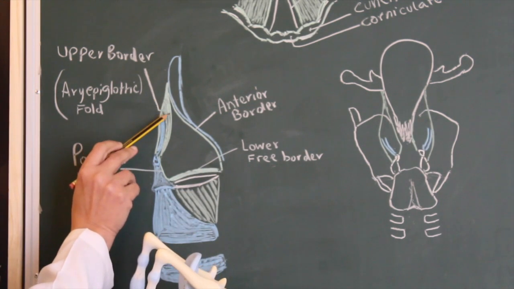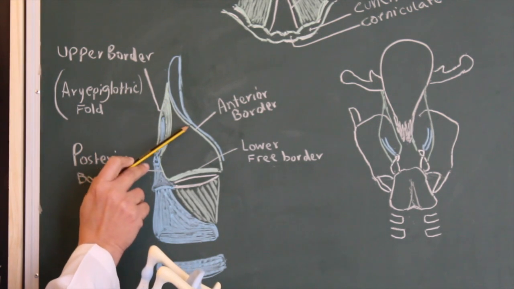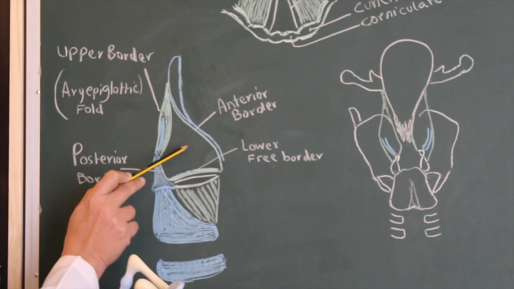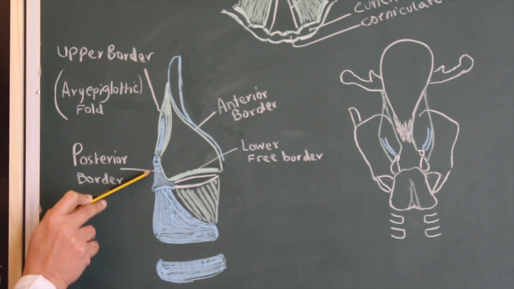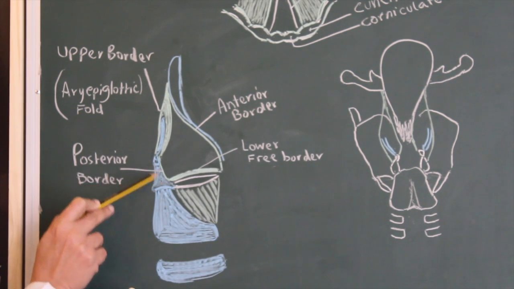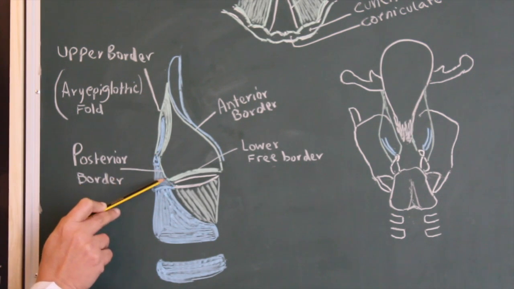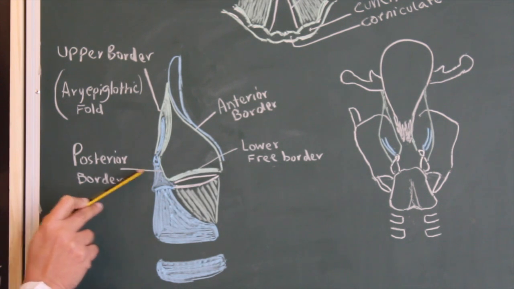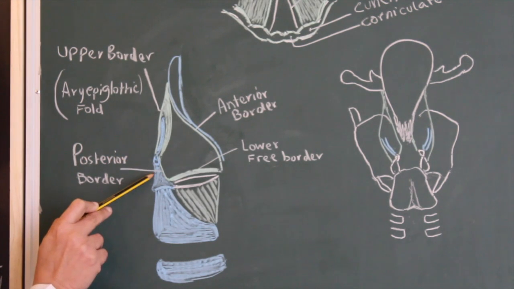It gives attachment to the anterior border of the quadrangular membrane. Then we have the posterior border, which is attached to the arytenoid cartilage, the apex of the arytenoid cartilage and the vocal process of the arytenoid cartilage. This gap has been filled up by this border of the quadrangular membrane, which is known as the posterior border. So we have the anterior border and the posterior border.